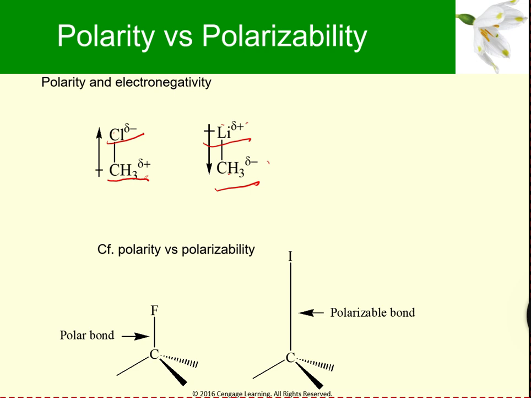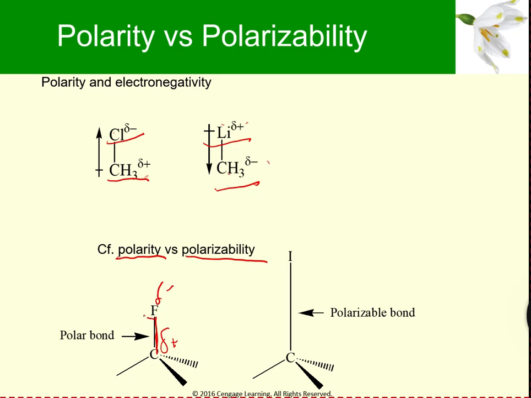Now it's important to understand the difference between polarity and polarizability. Let's take a look here. This is carbon, this is fluorine. If we look at this carbon-fluorine bond, this will be delta minus and this will be delta plus.